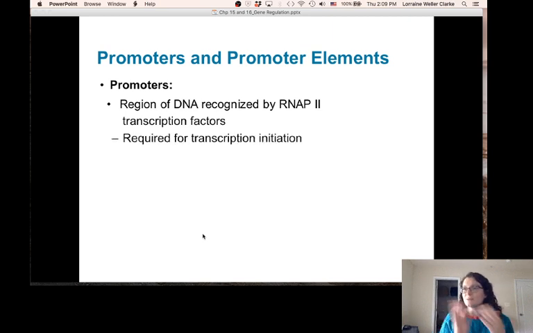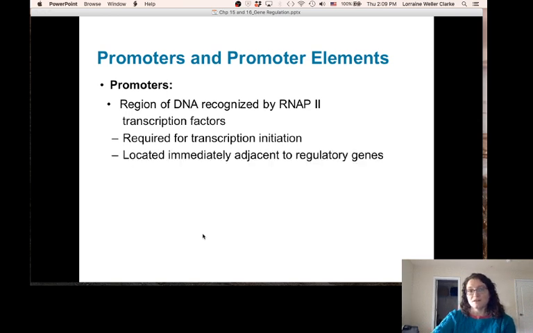Okay, remember the different polymerases. Those will create mRNAs for various things, depending. But this is required for transcription initiation. Promoters are always immediately adjacent to the regulated gene. So if something has an error at the beginning of the gene, then that could be affecting the promoter, affecting the production of the protein.